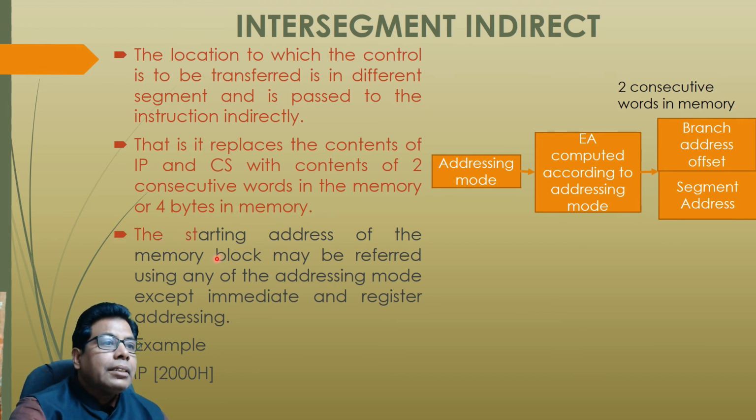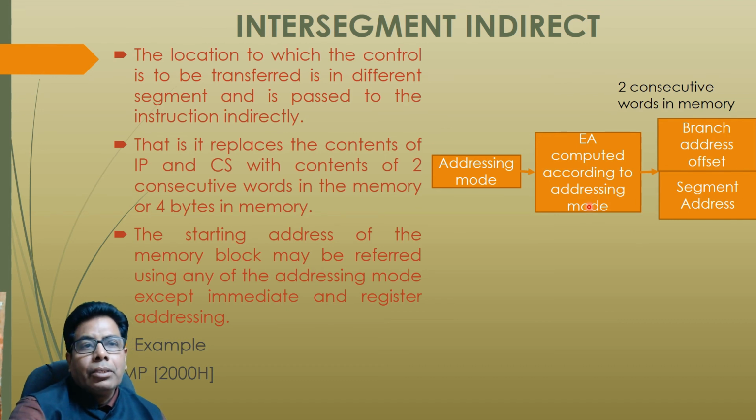The starting address of the memory block may be referred using any of the addressing modes except the immediate and register addressing. So here whatever addressing we are using for the data, according to that we'll do the calculations. So EA is computed according to the addressing mode.